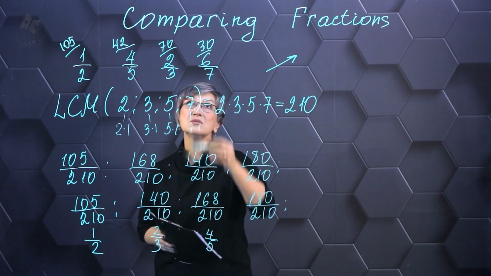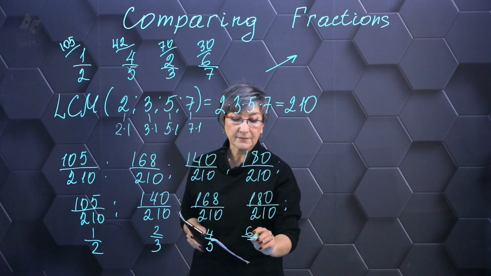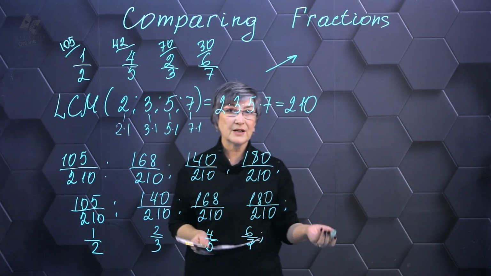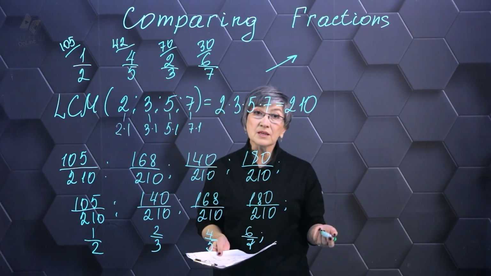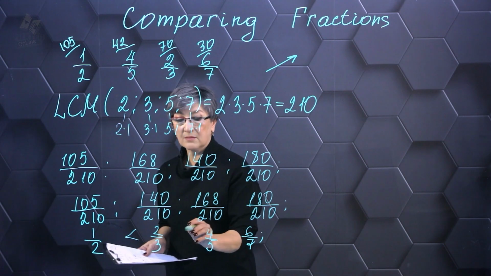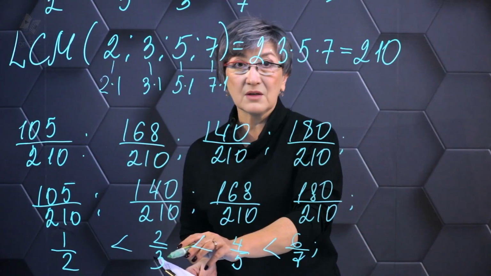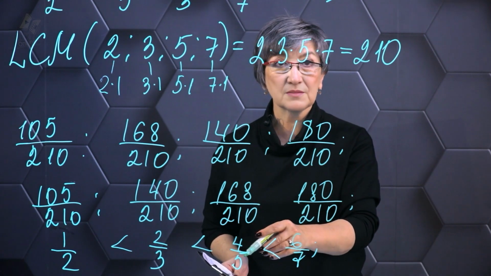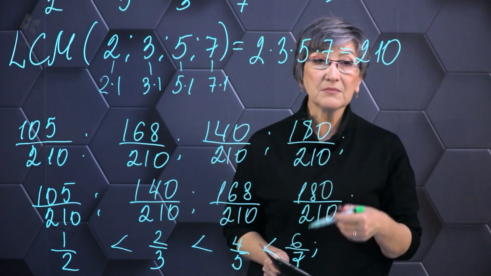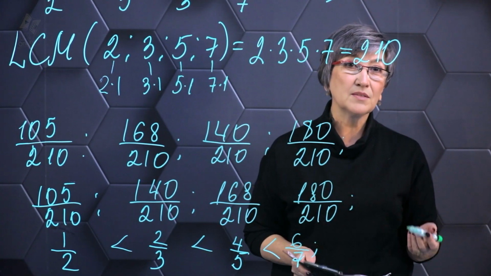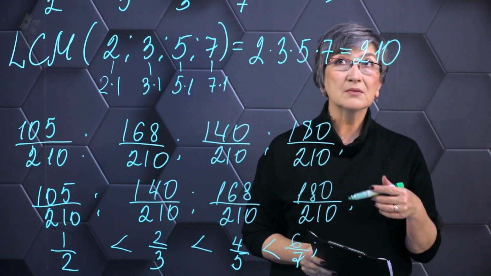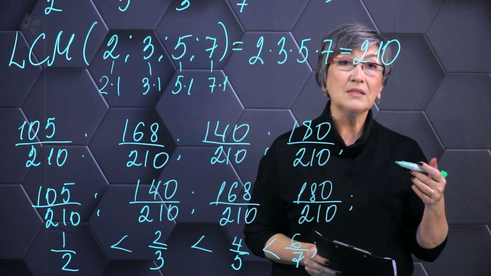And 180/210 is the fraction 6/7. And we've arrived at the final answer. We can write the numbers with the less-than sign. That is, 1/2 is less than 2/3, and 2/3 in turn is less than 4/5, and 4/5 is less than 6/7. We have completed this task and recorded the fractions in ascending order.